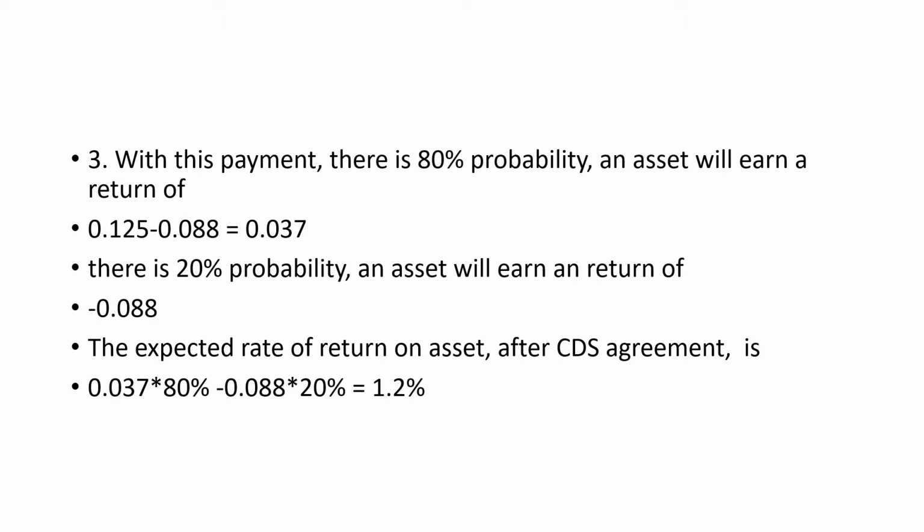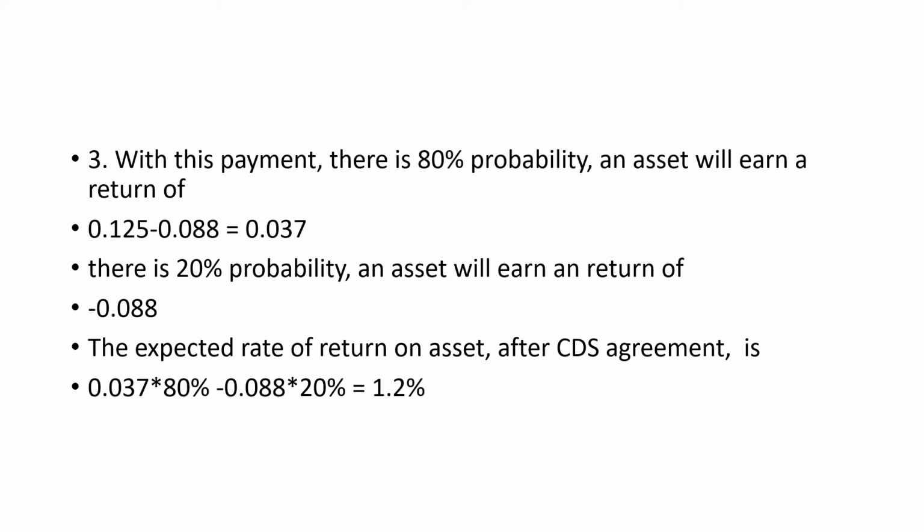There is a 20% probability an asset will earn a return of negative 0.088. This is the insurance premium because the loss is covered by the insurance company.